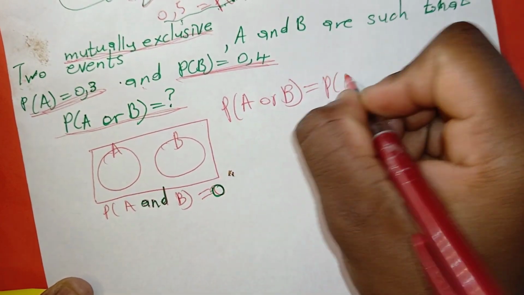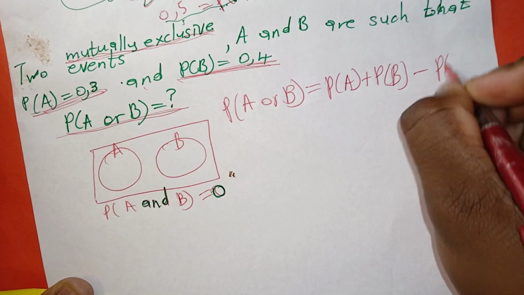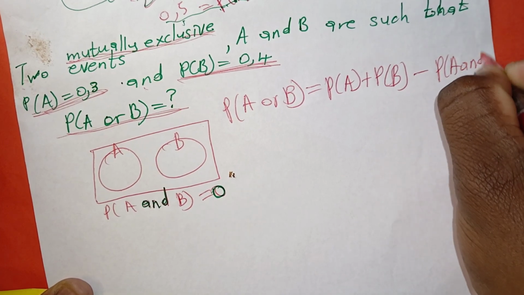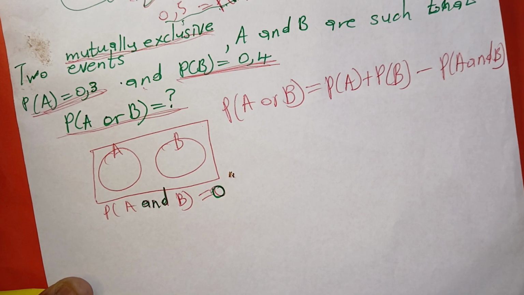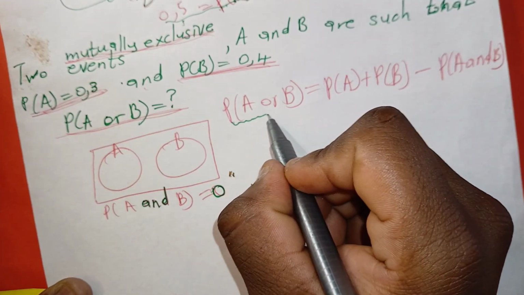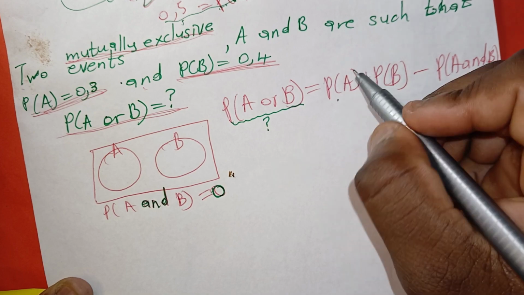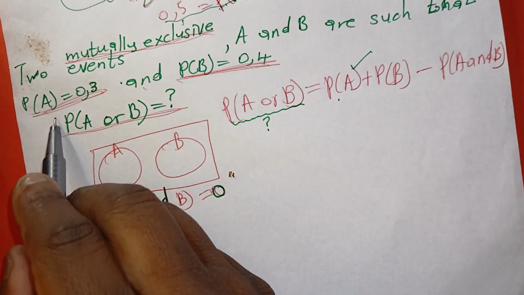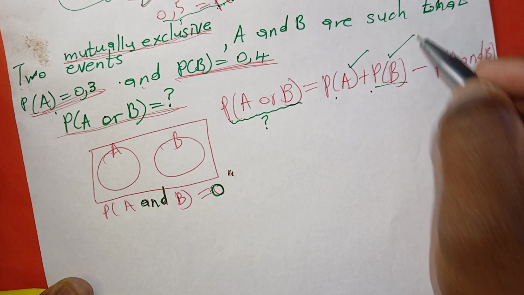Check here, guys. Here I'll say P(A) plus P(B) minus P(A and B). So now check something. They want us to solve this, we don't know it. And this one we are given, it's there. And this one we are also given.